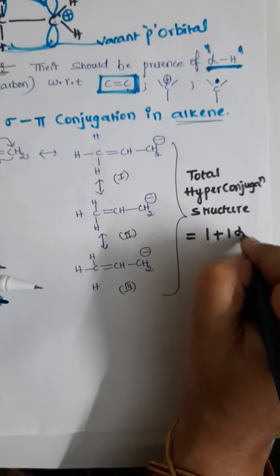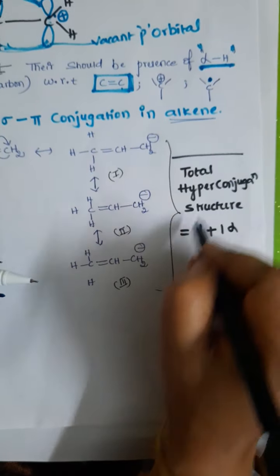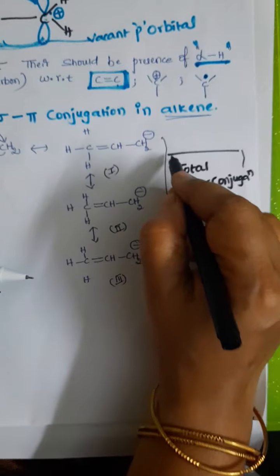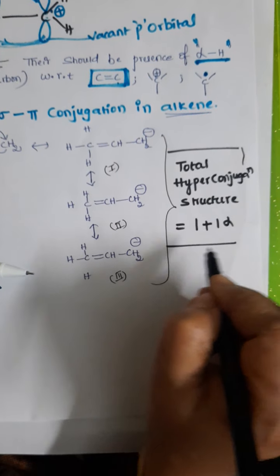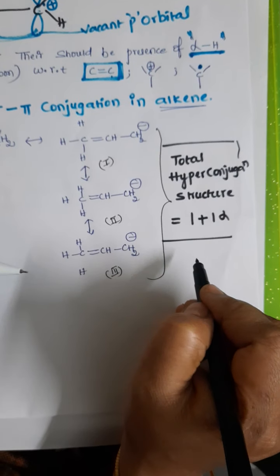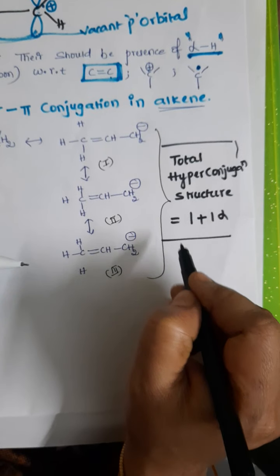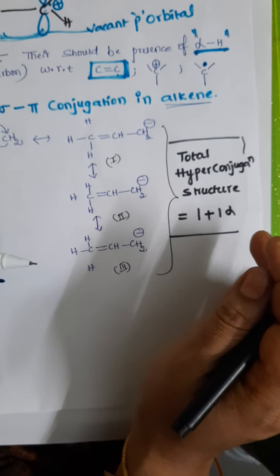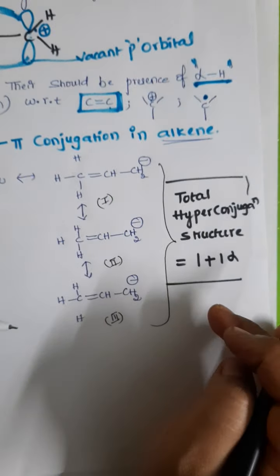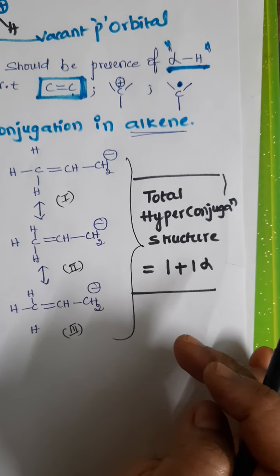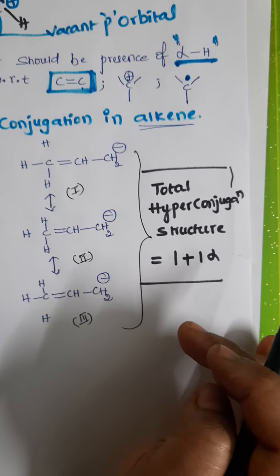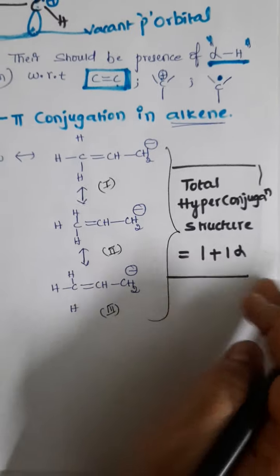This is the formula you have to remember, students. This is important. How can we find the number of hyperconjugative structures? It is 1 plus alpha hydrogens. As the number of hyperconjugative structures increases, the stability of the compound also increases.